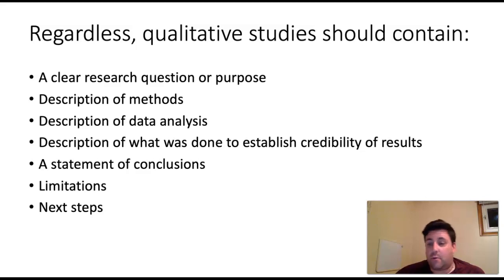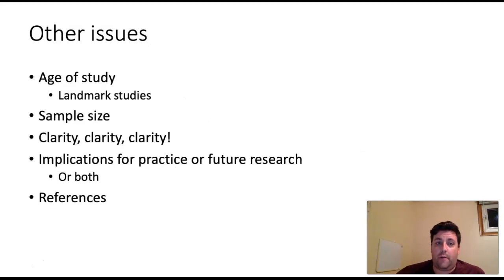They may have had multiple coders. Could be any number of different things, all of which we'll talk about when we get to the week on qualitative research. They also should very clearly state their conclusions. If they're trying to develop theory, they should have a careful description of that theory. Qualitative articles will also contain limitations and next steps. Sort of where do we go from here?